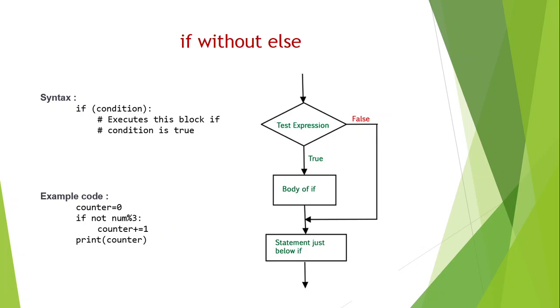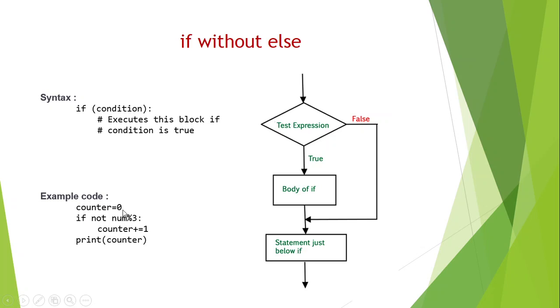This is used for counters or any other purpose where a condition is to be met and we have to do some computation on the basis of some condition, but we don't need to do anything else in case this condition is not met. So here we are counting the numbers divisible by 3.